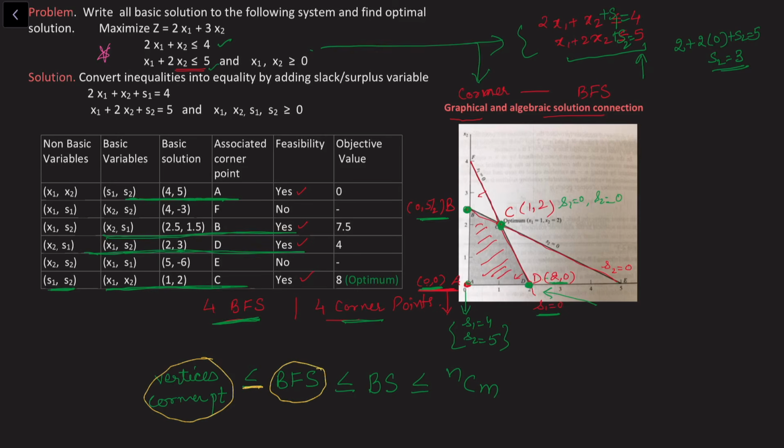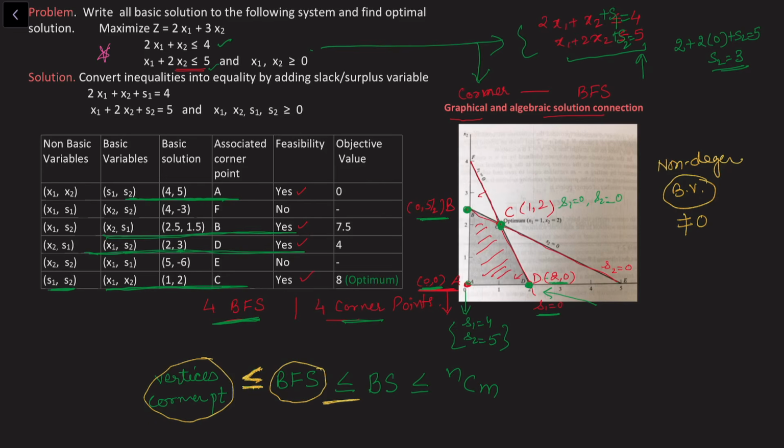Okay, and why are they equal? Because this is a non-degenerate case. Non-degenerate case means that basic variables that we have found in this question all are not equal to 0. Whenever a basic variable is also equal to 0, then we will see that the strict inequality will hold. We will do one more example to ensure why this strict inequality holds.